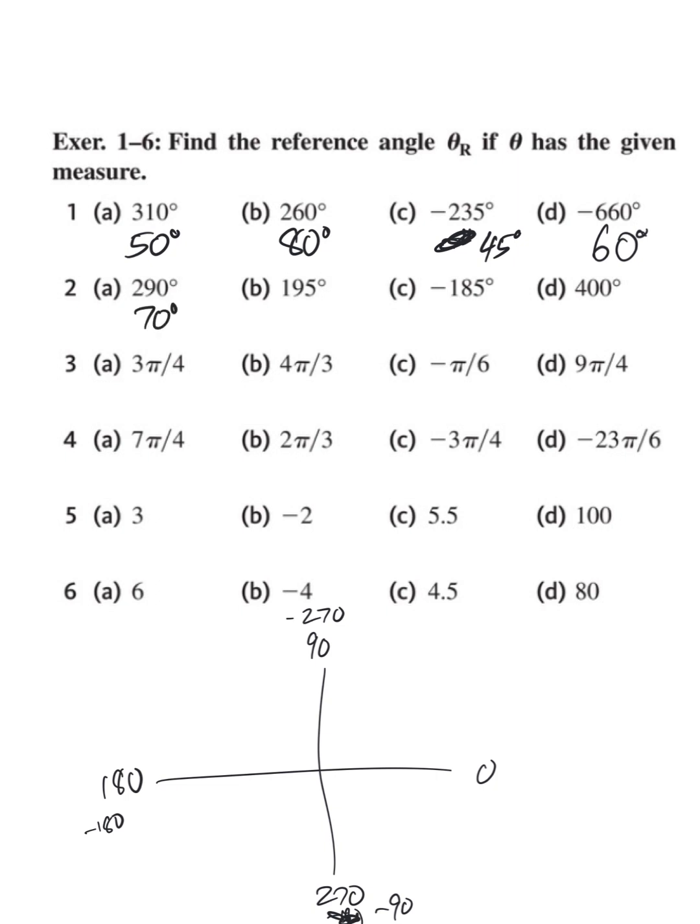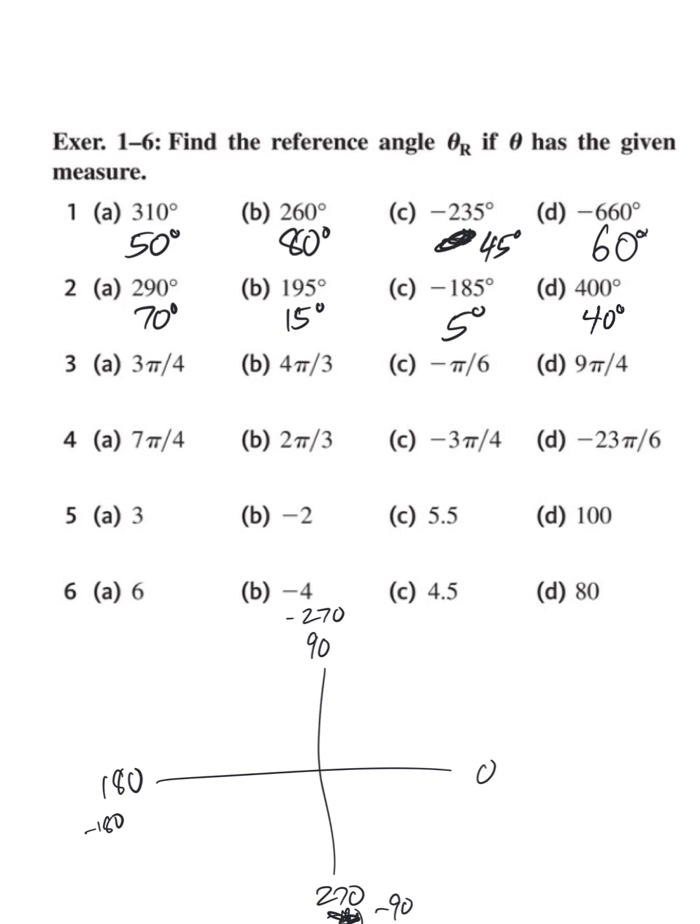Okay, 195 is just past 180. So 15 degrees would be that reference angle. Negative 185 is 5 degrees. 400, so we're going all the way around to 360, and we got to go 40 more past 360, all right? And that gets us back to the x-axis.